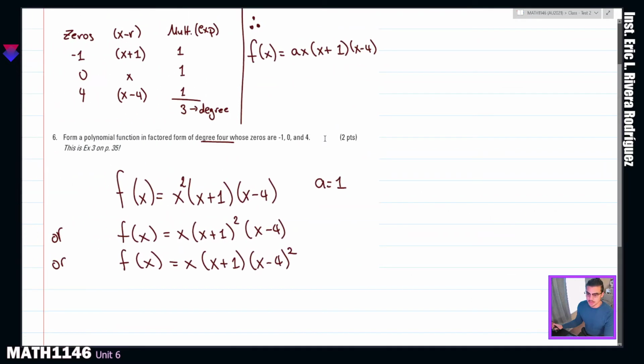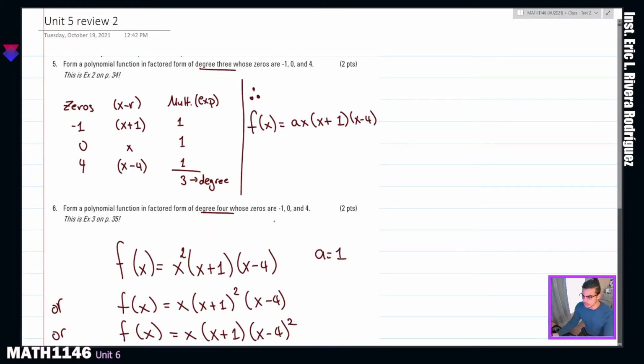From this one, a lot of you did a very good job here. The only thing that I'm going to be very picky about is that if you are going to omit the value of a, because you are choosing the value of a to be equal to 1, then you need to write in a corner of the page that you are using a equal to 1 as the leading coefficient.